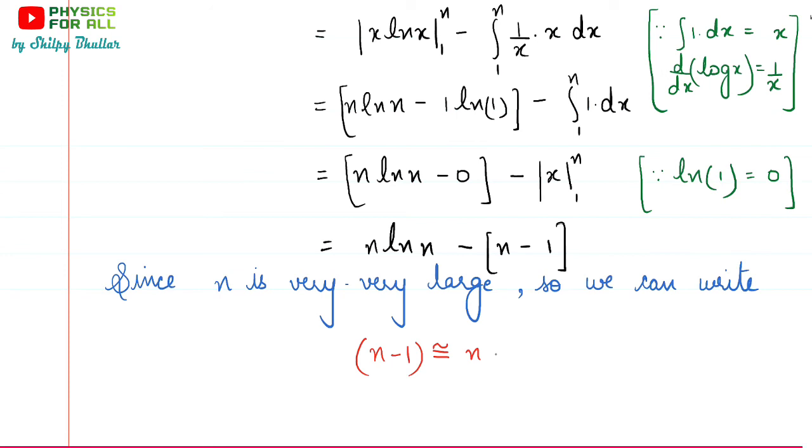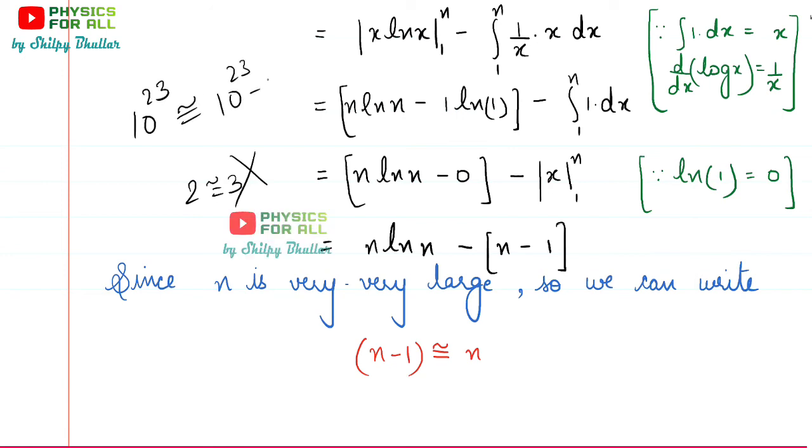And then the second one was that instead of n minus 1, we can write it as n. And why? See, if you talk of a small number, then this is wrong. We cannot write that 2 is approximately equal to 3. This is wrong. But if we have a really large number, 10 raised to the power 23, then 10 raised to the power 23 minus 1, they are approximately equal.